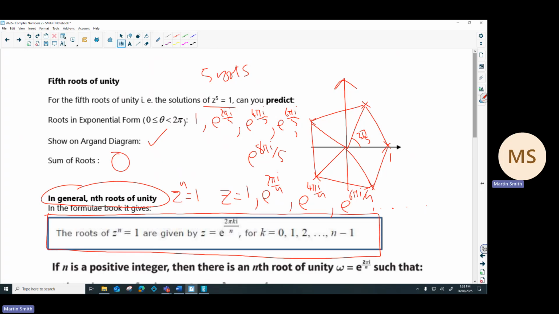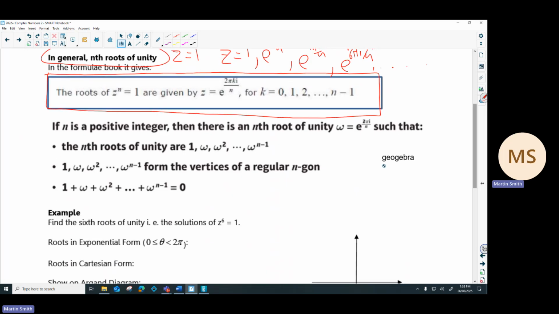There is another way of referring to this, which is sometimes shown. If you call the first non-trivial root omega, so omega is what you get when you replace k with 1 in this formula, then the roots of unity are as follows. The first one is 1 and the next one is omega.